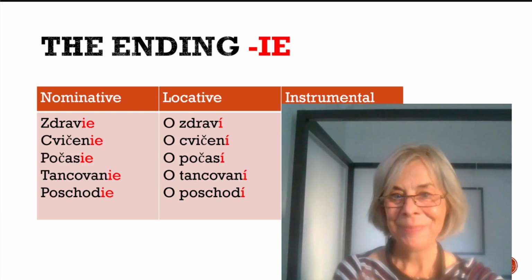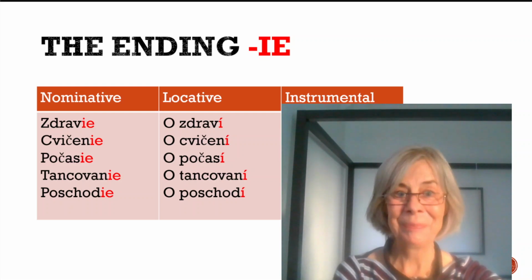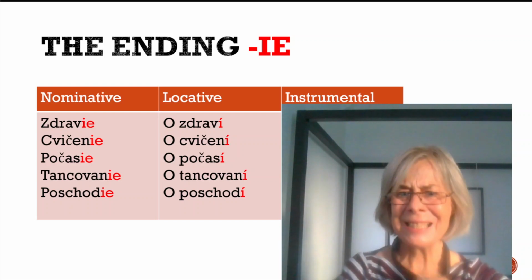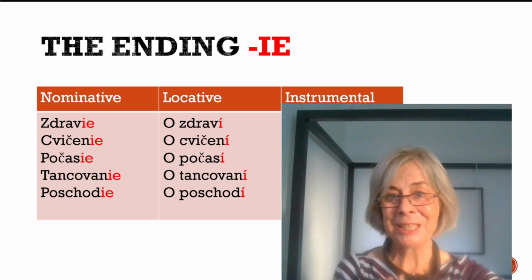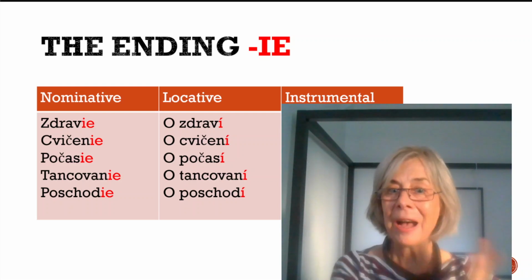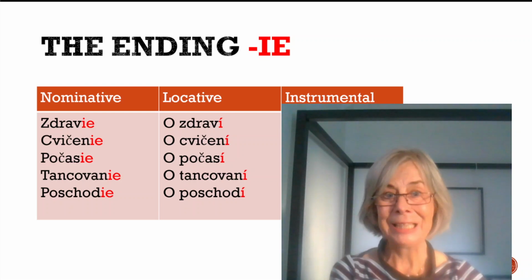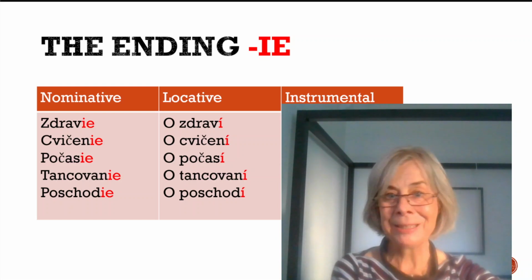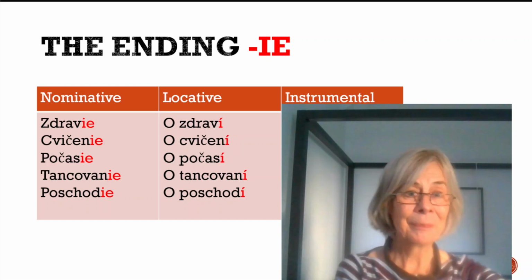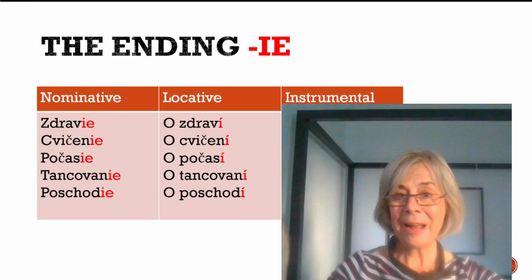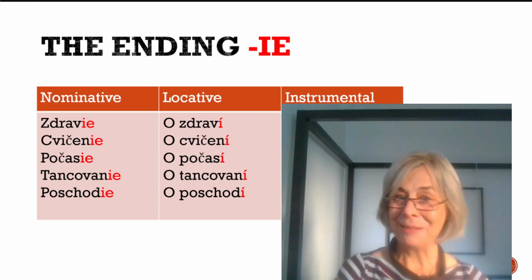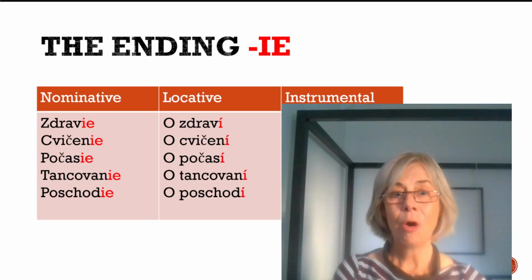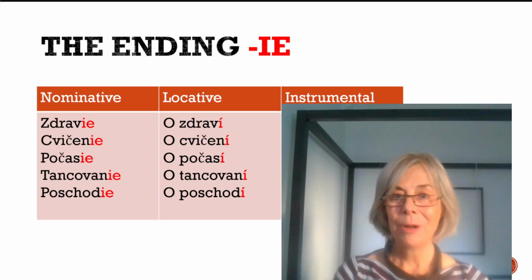The ending ie also deserves special attention as it doesn't behave exactly the same in locative and instrumental cases. In all other cases, there is no problem with this ending. But look what happens in locative. Zdravie or zdraví. Two letters will change into one, but long í. Cvičenie or cvičení. Počasie or počasí.